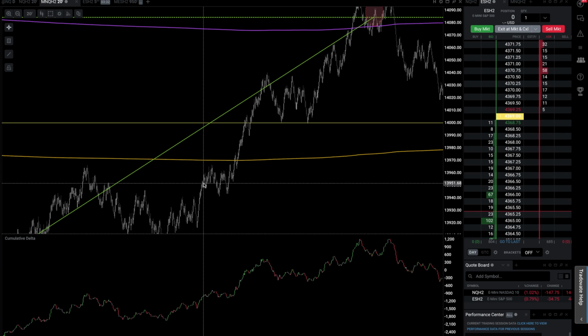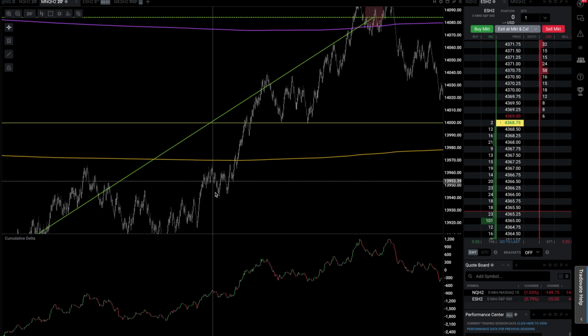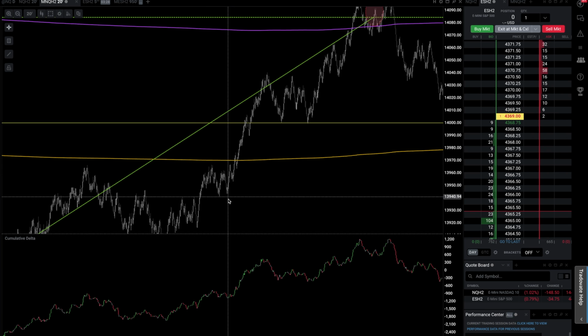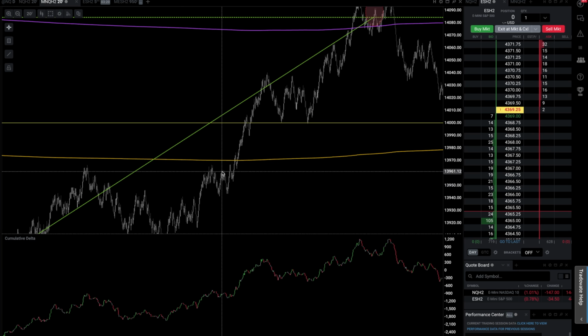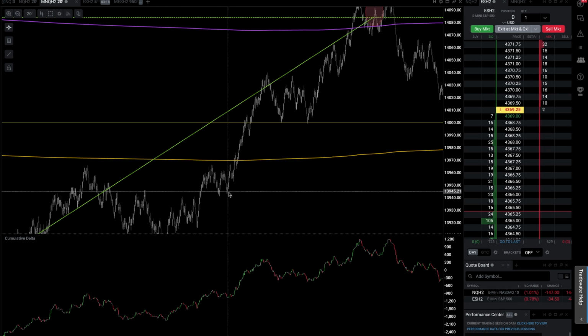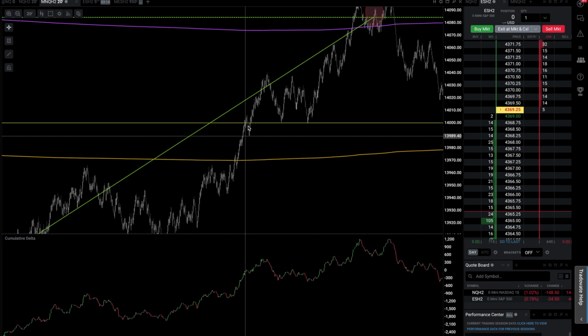And I actually almost got out right here at this area. I ended up putting my stop right here, just under this candle, and we made a double test, and actually thought I was going to get stopped out right here, but I didn't. I came really close, but it didn't, and it just shot all the way up.